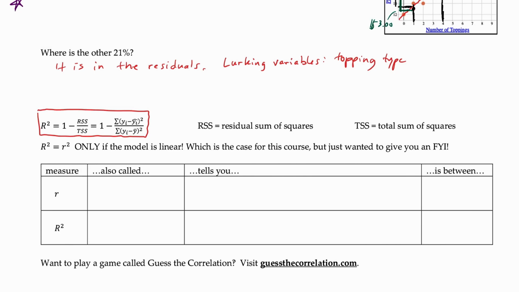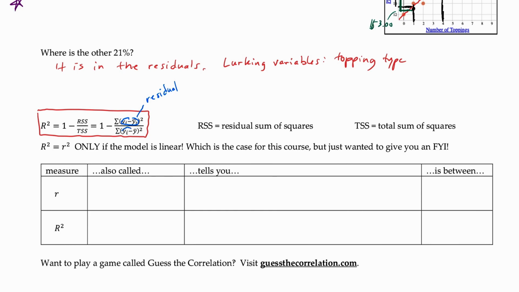So I have here this formula that shows you how an R squared could be calculated for any type of model, not just linear. RSS we talked about there, residual sum of squares. And then there's this thing called TSS, which is the total sum of squares. The residual sum of squares is the definition of residual as a formula: your individual y values, the actuals, minus the predicted y values.